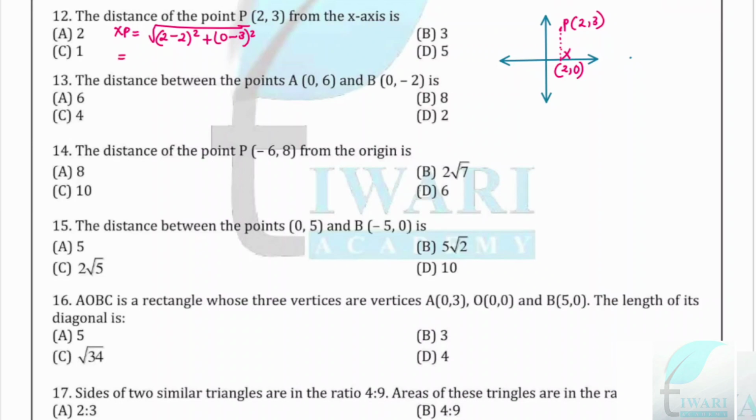So that is equals to under root 3 whole square, that is equals to 3. So the right answer is option B, which is equals to 3.